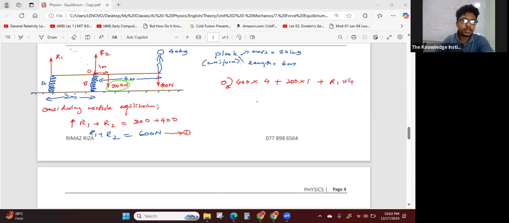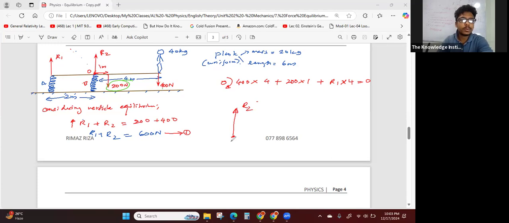This should equal 0. We can't take R2 because we are taking the moment from the line of action of R2, so the perpendicular distance will be 0, right? So it won't come.